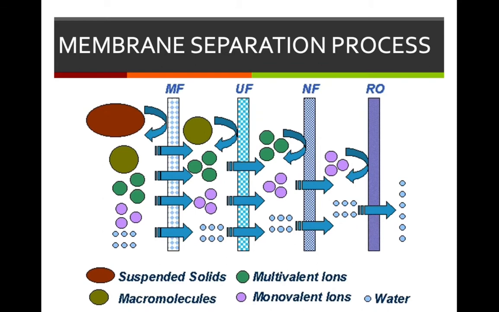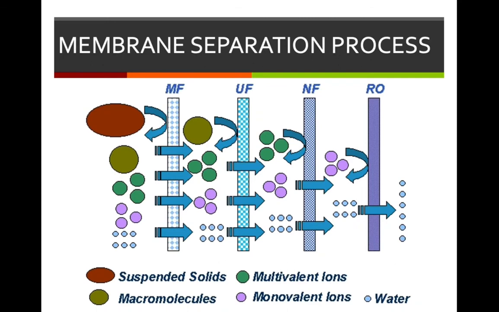For example, microfiltration rejects suspended solids. After that, micromolecules, multivalent ions, monovalent ions, and water pass through the MF. If you want to remove the micromolecules further, you can use ultrafiltration.